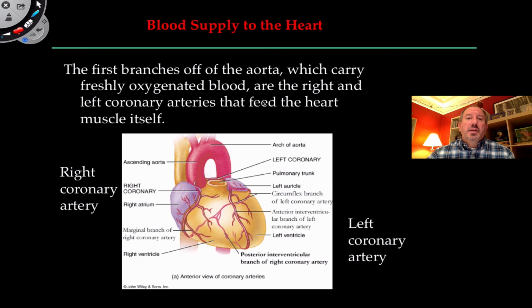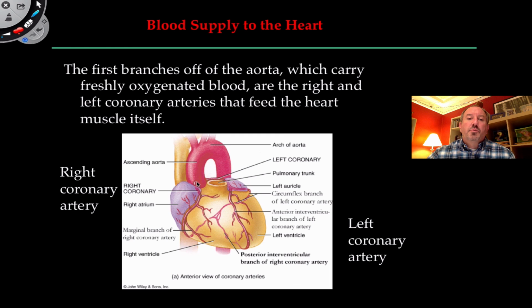So, what's the first organ that the heart pumps blood to? You might think, maybe it's the brain or something like that. In fact, the first organ that the heart pumps blood to is the heart itself. Because when the blood's being pumped out of the left ventricle and going up the largest artery, called the ascending aorta, there are two little arteries that branch off the aorta. Do you see here?